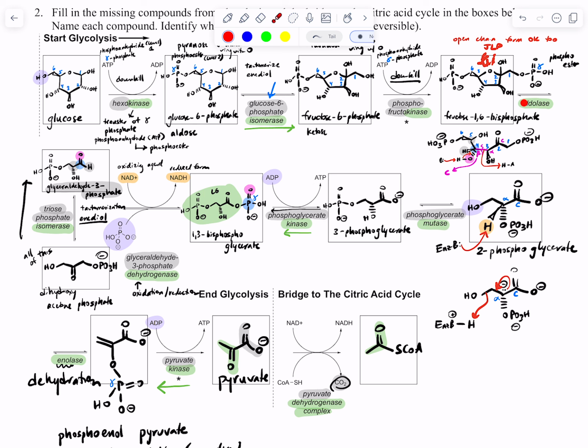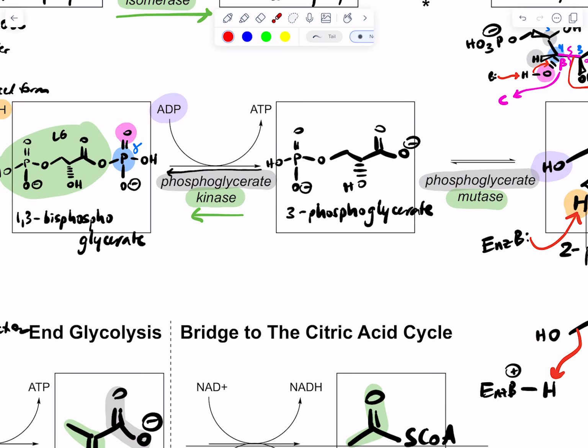The aldolase step is reversible. You're going from basically a ketone to a ketone and an aldehyde. The oxidation step to the acyl phosphate is reversible because you're going from a level 1 aldehyde to a level 1 acyl phosphate. This step is reversible because you're going from a level 1 acyl phosphate in 1,3-bisphosphoglycerate to a phosphoanhydride.